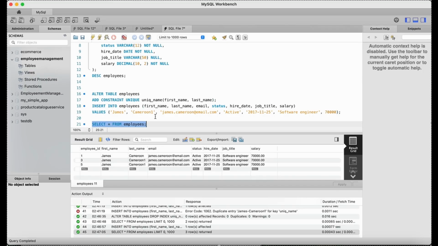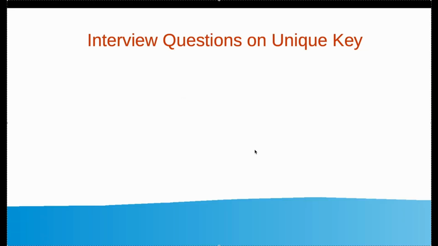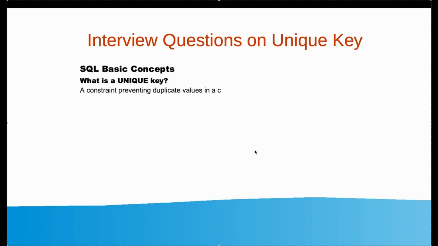So we'll now see some of the interview questions that are asked on unique key. Let us start with basic concepts. What is a unique key? A constraint preventing duplicate values in a column.